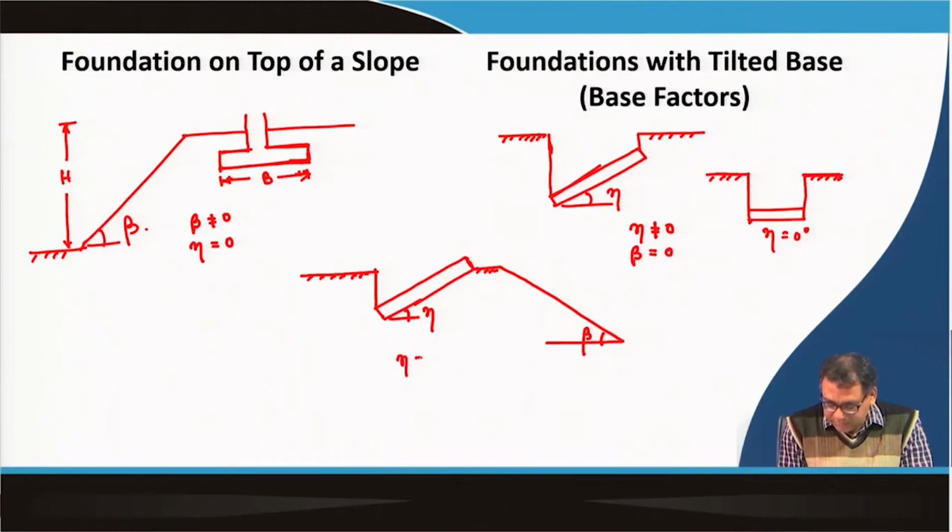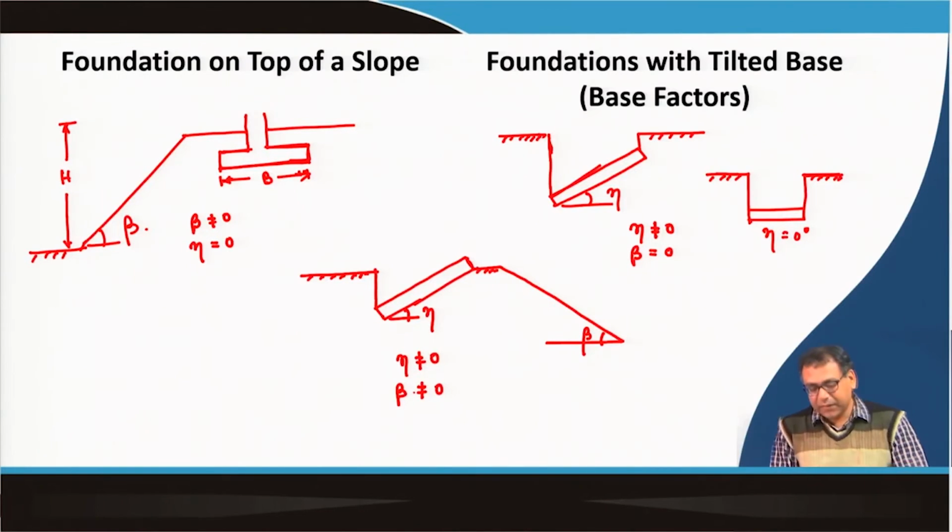In this case, eta is not equal to 0, and beta is also not equal to 0. That means the foundation is on a slope and, at the same time, it is tilted. Then how can we calculate the bearing capacity? All those things we have to discuss.